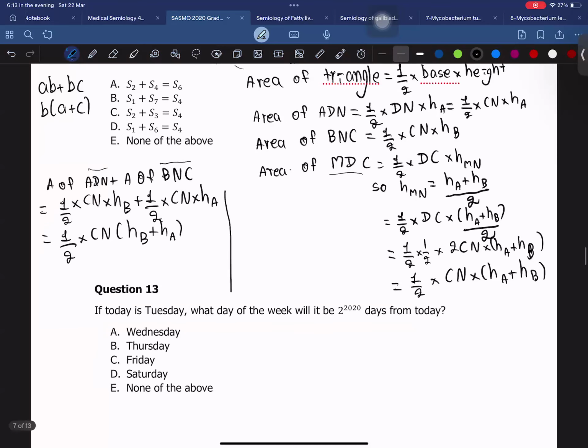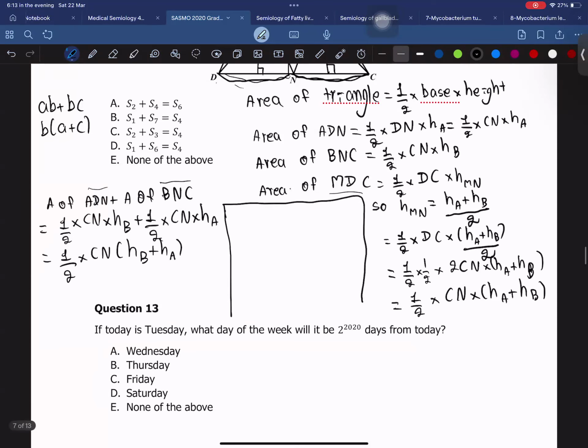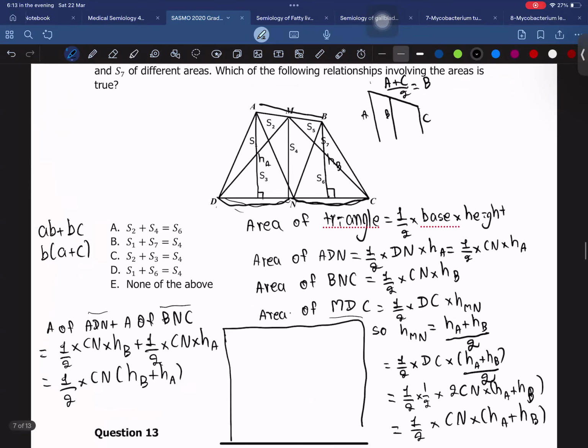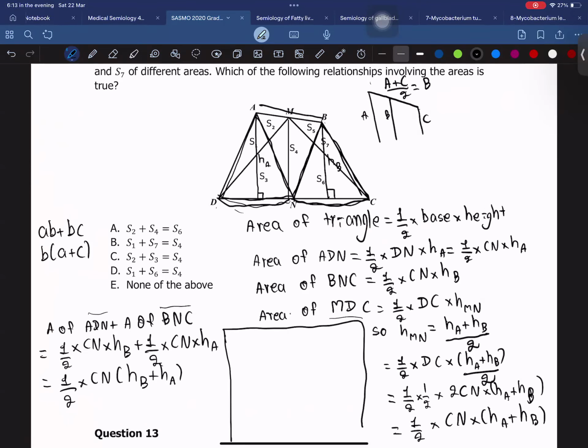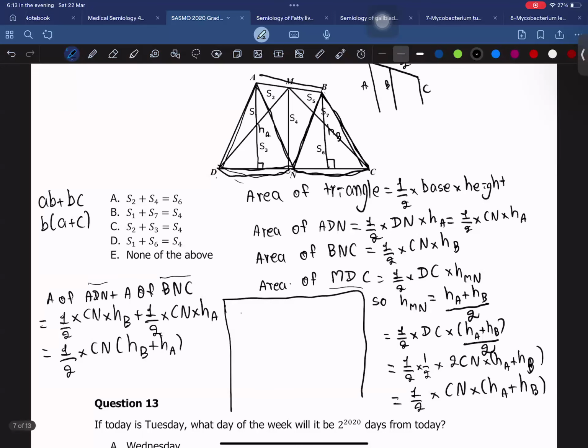So how do we find it? We know the area of ADN plus the area of B and C, which is in here. So we can write it as S1 plus S3 plus S7 plus S6 equal to S4 plus S3 plus S6.